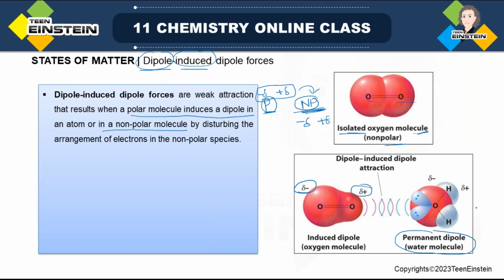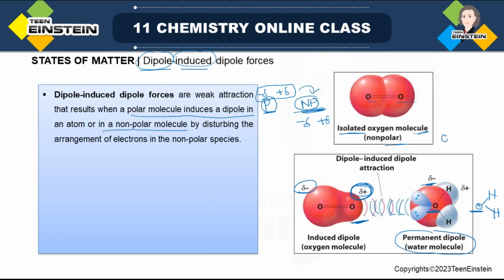As we have written the water molecule, the oxygen atom is towards the O2 molecule. That means the oxygen side is del negative. So after this induction, on the right hand side of this diatomic oxygen, there will be a del plus sign.